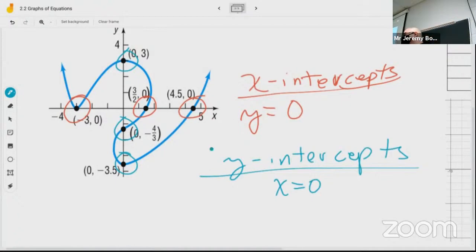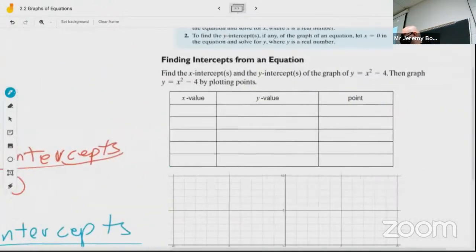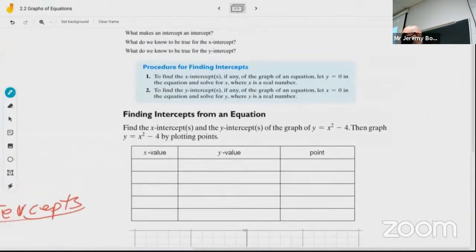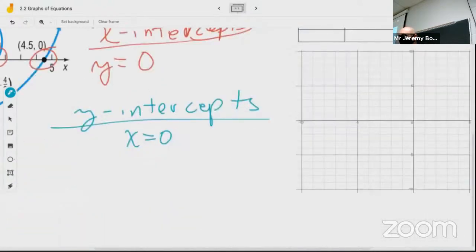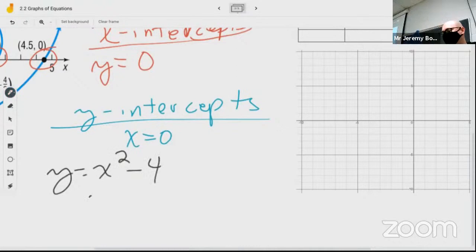So if we want to find the intercepts for a function, y equals x squared minus 4, how do we find the x-intercepts? We'll make y what? 0. Because we know for all our x-intercepts, y is going to be equal to 0.